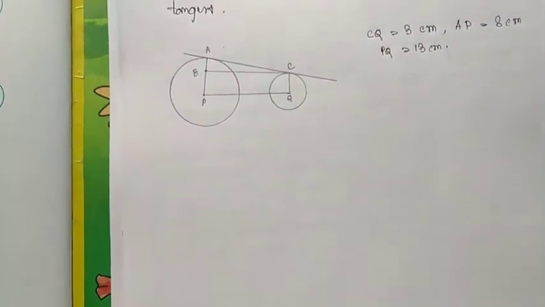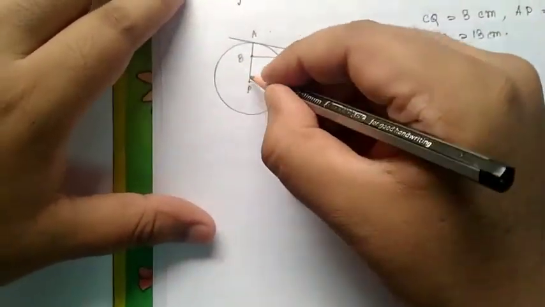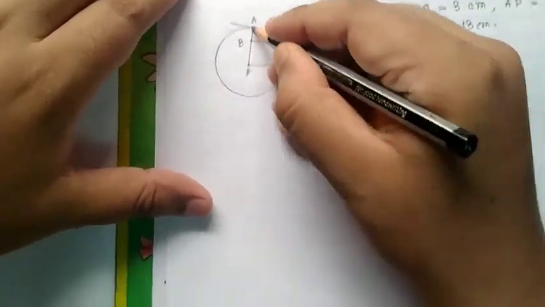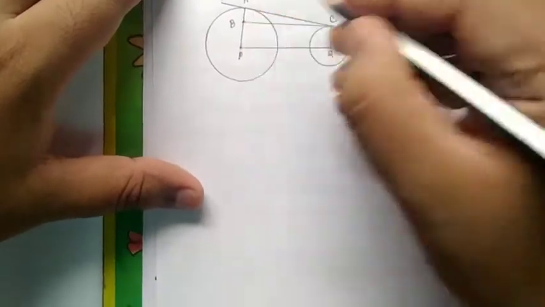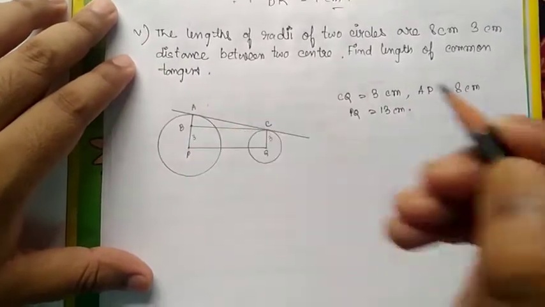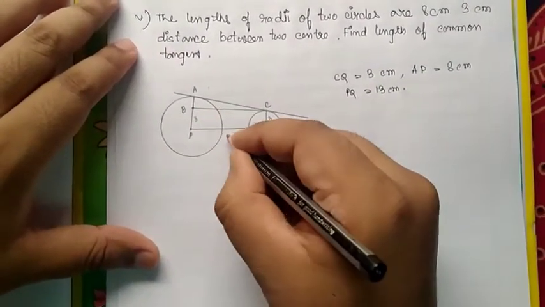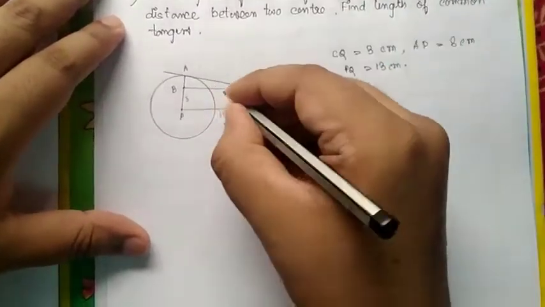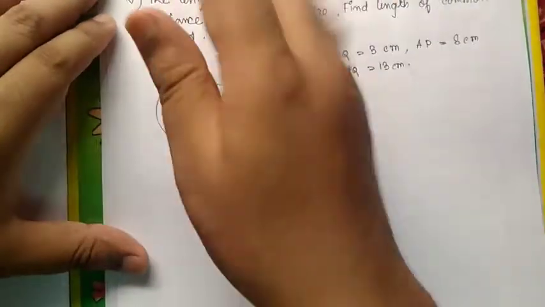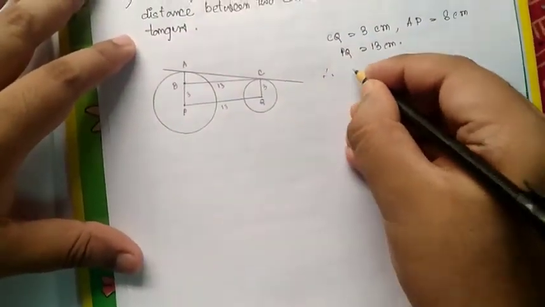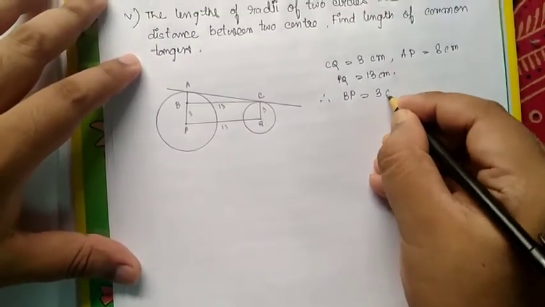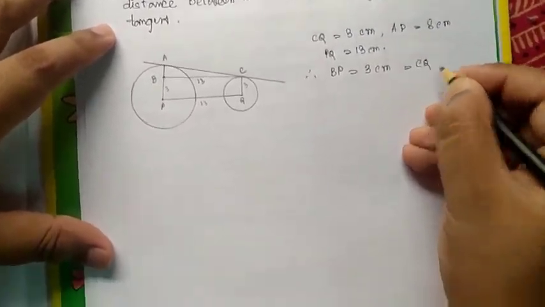So here what I do, take a point here on the radius AP, B, which is equal to 3 centimeter. So therefore this is 3, this is also 3. So if this is 13, this is also 13, it's a parallelogram here. So therefore BP equal to 3 centimeter equal to CQ.